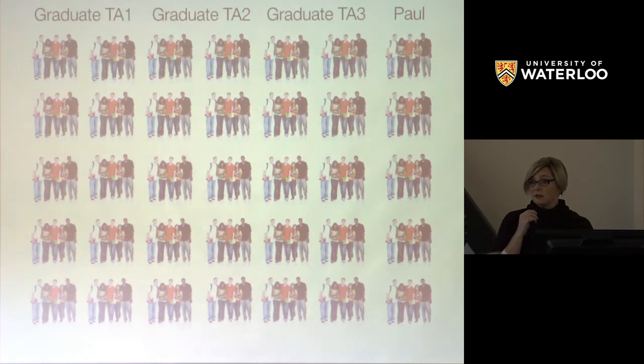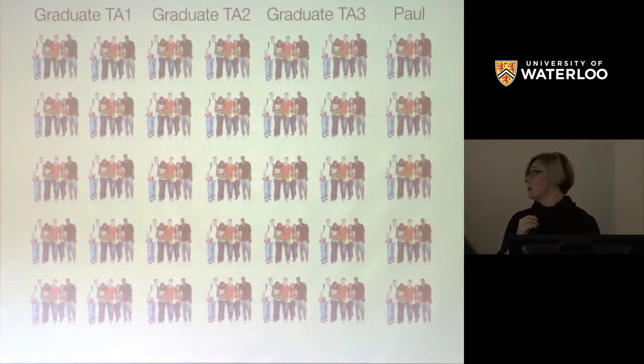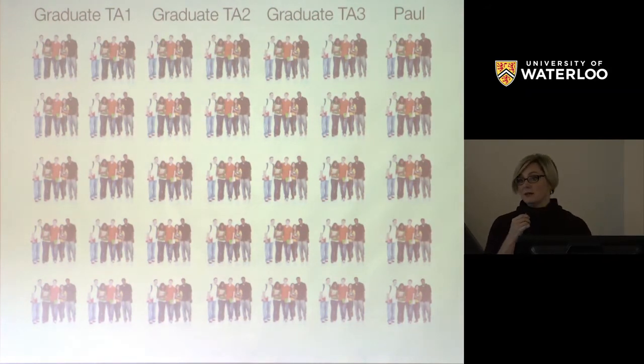I could run this, if we were using our regular 125 cohort, I could run it with 3 graduate TAs, or senior undergraduate TAs. Yeah, I invited Paul here for a reason. It's because he's amazing. So it doesn't necessarily require graduate TAs, but it requires a high level of maturity and ability to engage with students.